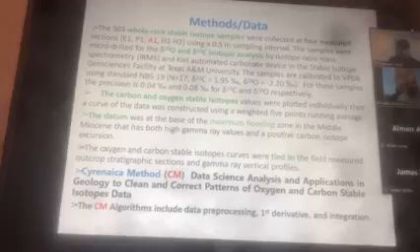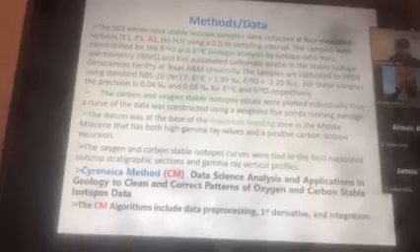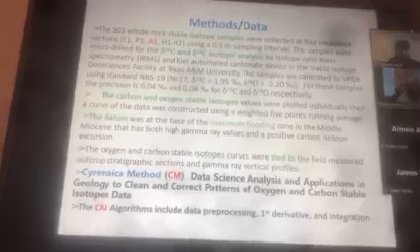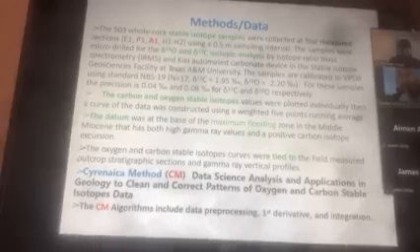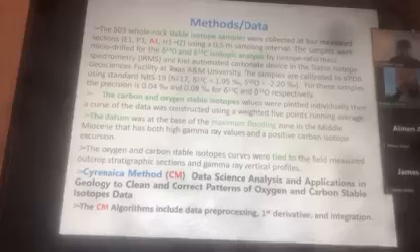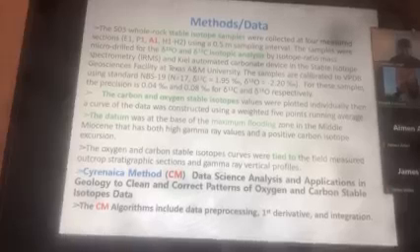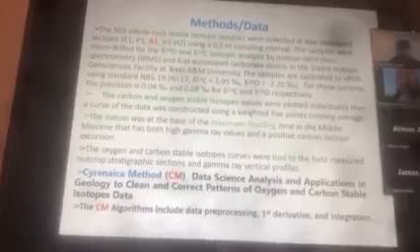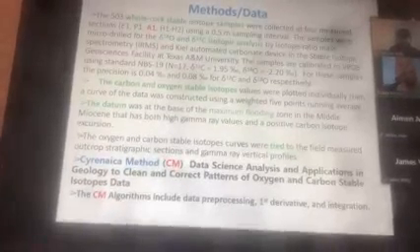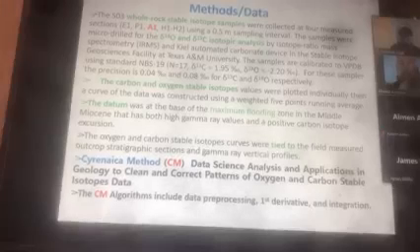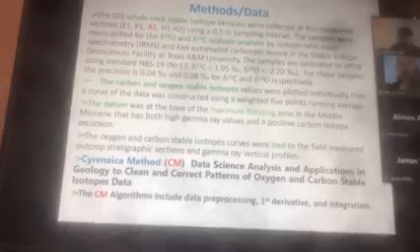Then the oxygen was tied with the sequence stratigraphic analysis and the gamma ray profiles to get our sequence stratigraphic framework set up. And then here, the Cyrenaica method, as we said, is a data science method just to clean and correct patterns.